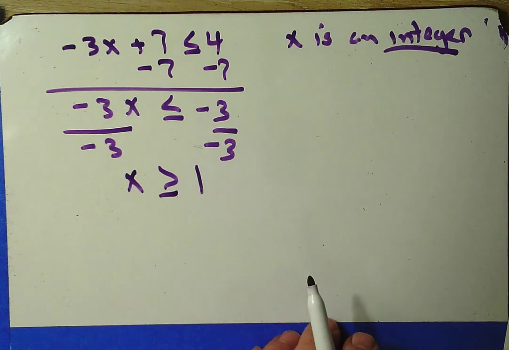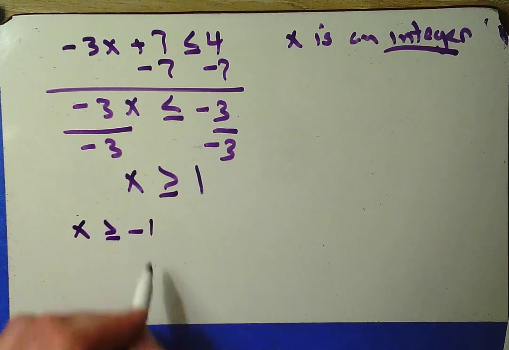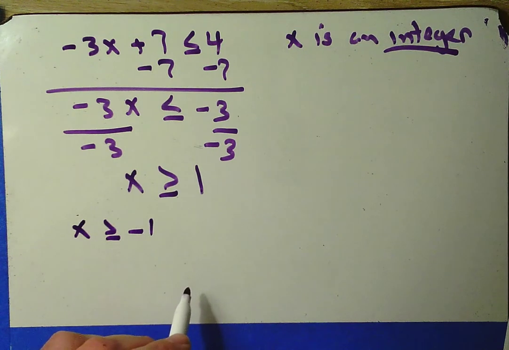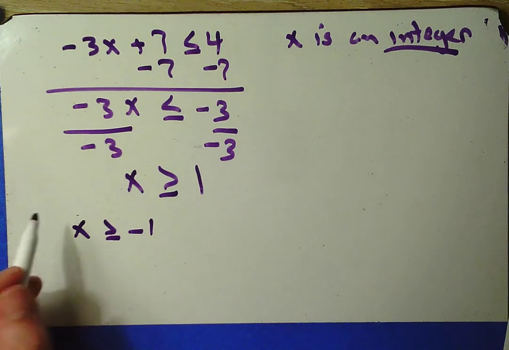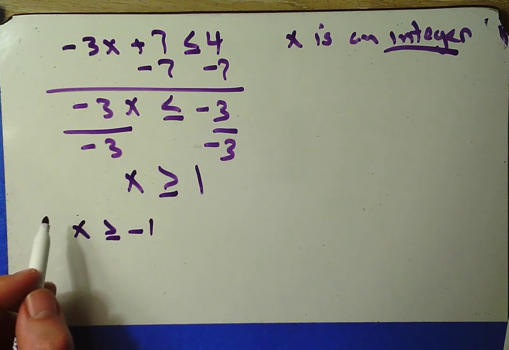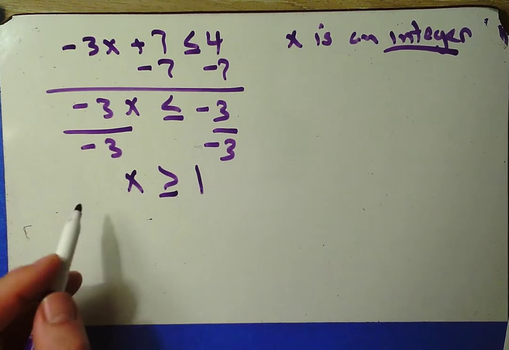So we're asked which of the following statements must be true. Must be true. Does x have to be greater than or equal to -1? No, x does not. x can't be 0. x can't be -1. So that's choice G gone.